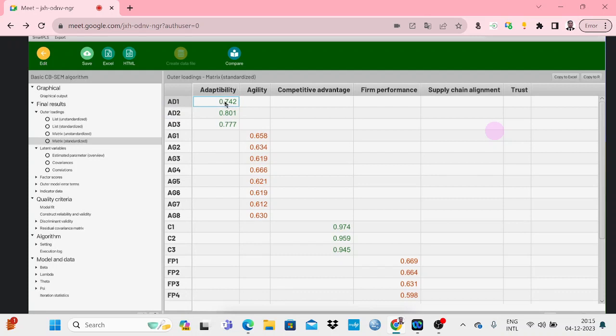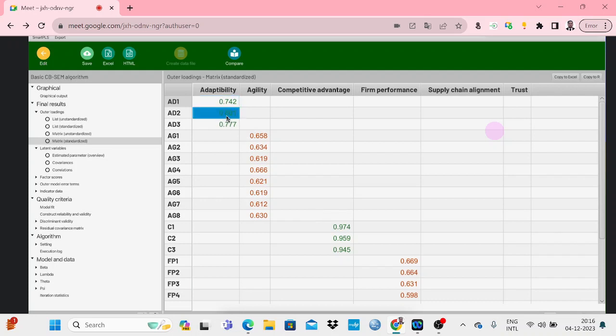If this is 0.7 and you multiply 0.7 by 0.7, you will get the amount of variance that is explained by this one item in the whole construct. This is how we interpret a factor loading.